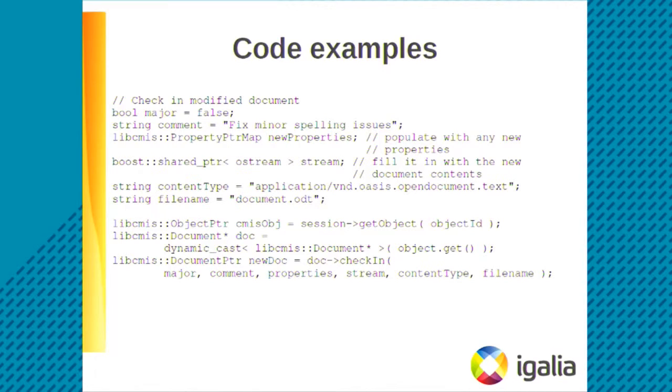You might add a new set of properties. You can populate that property pointer map with CMIS properties. You will have to specify a content type and a file name. And once you have done it, you can get again your private working copy using, for example, its ID, cast it to a document object, and then use the checkin method with all those parameters to save again the contents to the server.